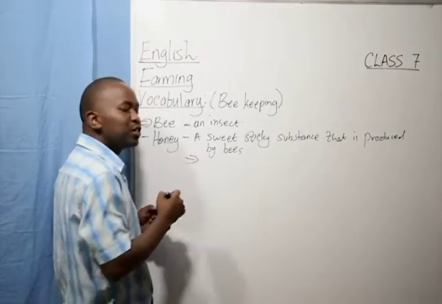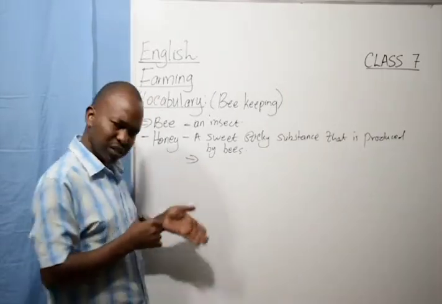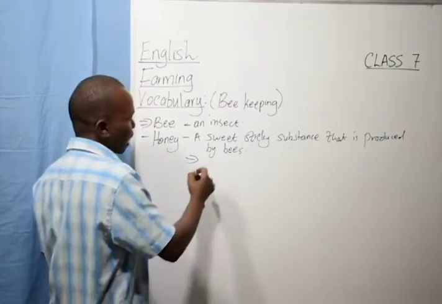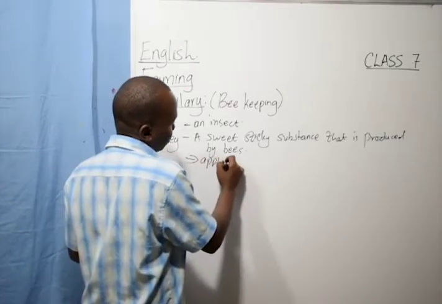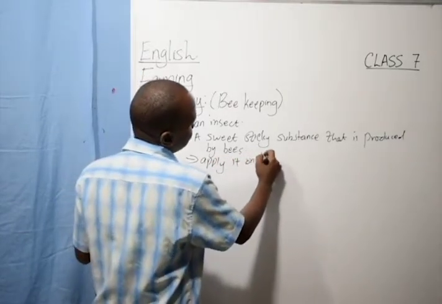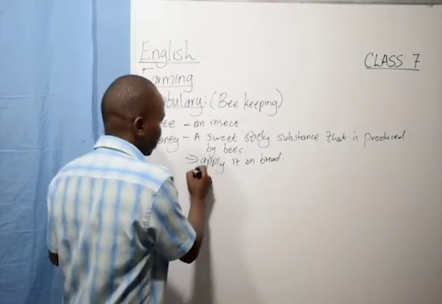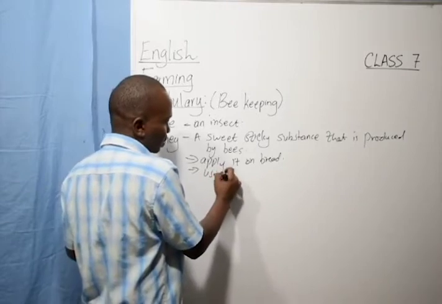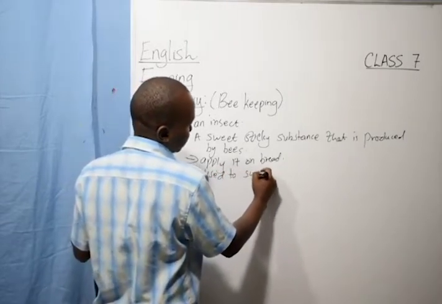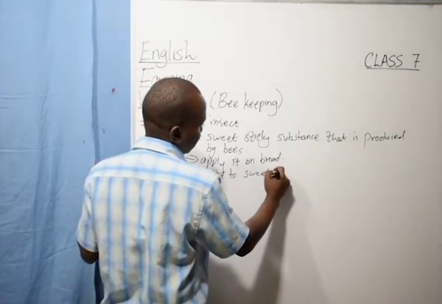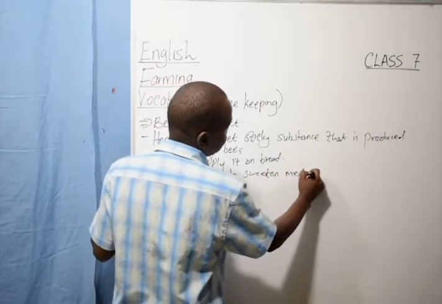And this honey is used for various purposes. One, you can apply it on bread. It is used to sweeten medicine for children.